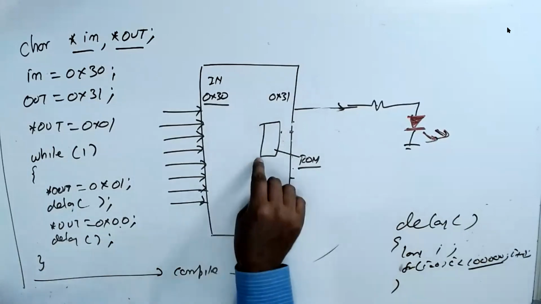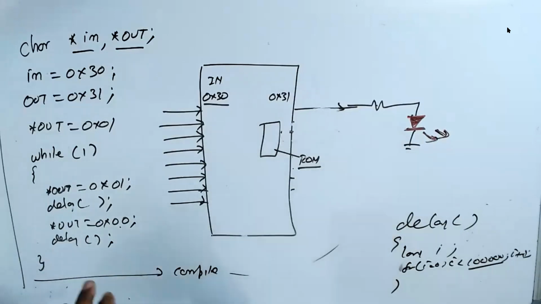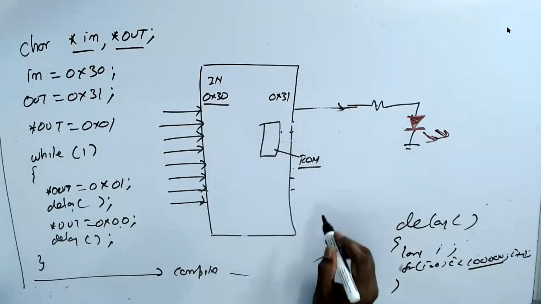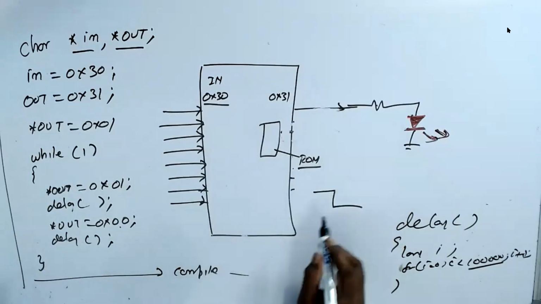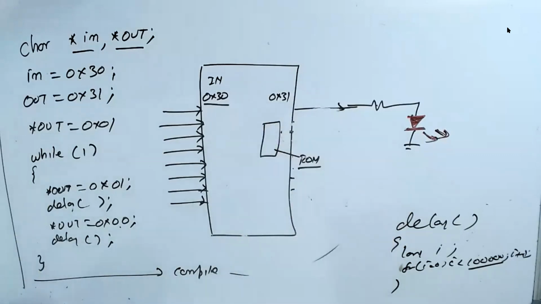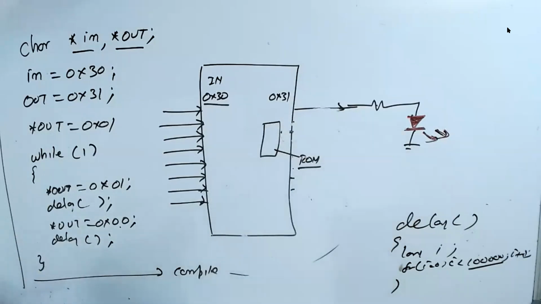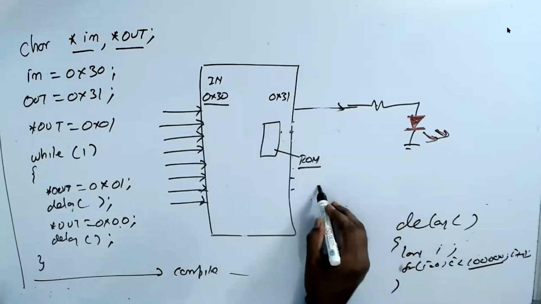How do I change the delay? Now I want the LED to blink every 2 seconds, or every 3 seconds: 3 seconds on, 3 seconds off. But you are not supposed to change the program. You are not supposed to change the program, but I want to change the LED's interval. Initially, I'm making it 1 second.